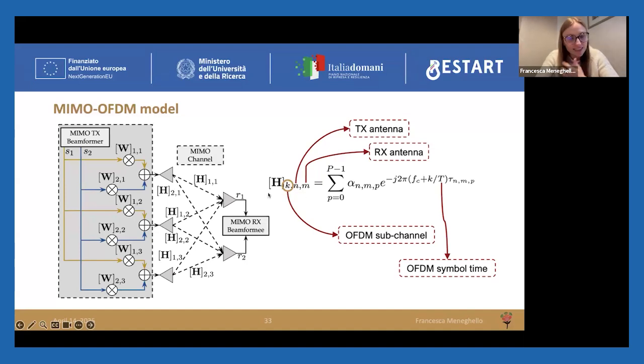So the channel matrix at the end will be three-dimensional, because we are adding the dimension of the OFDM subchannels. But the expression is the same that we saw before for the narrowband MIMO channel model. So we have the sum over the different multipath components, and each multipath component is characterized by an attenuation and a phase shift linked with the length of the path.